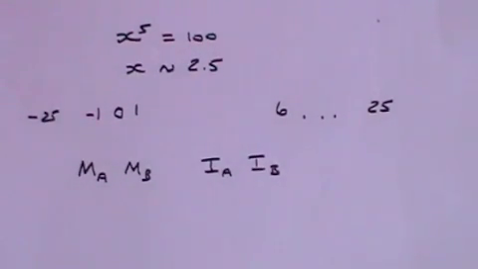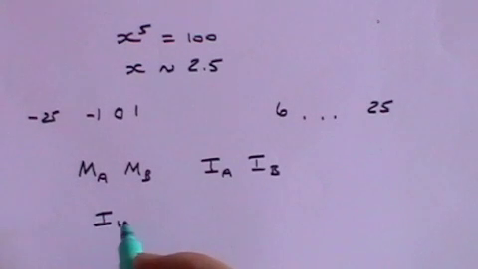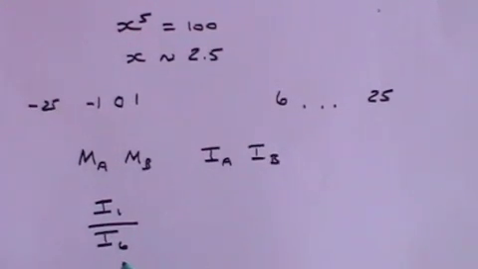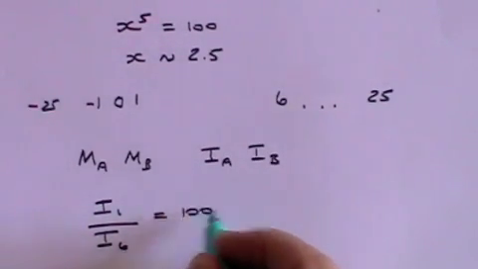Now we know that the intensity of a magnitude 1 star is 100 times greater than the intensity of a magnitude 6 star. So the intensity of a magnitude 1 star divided by the intensity of a magnitude 6 star is 100.